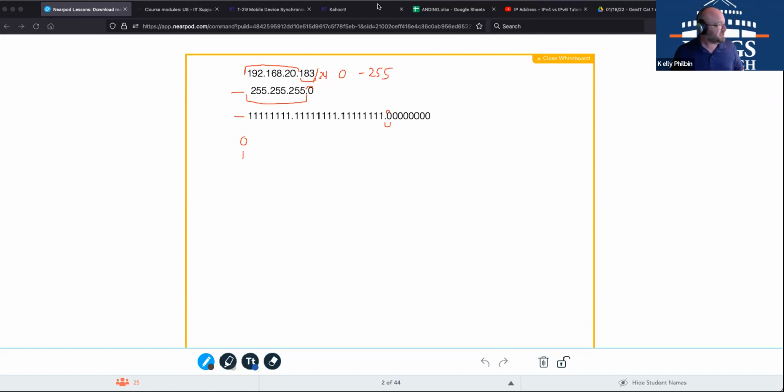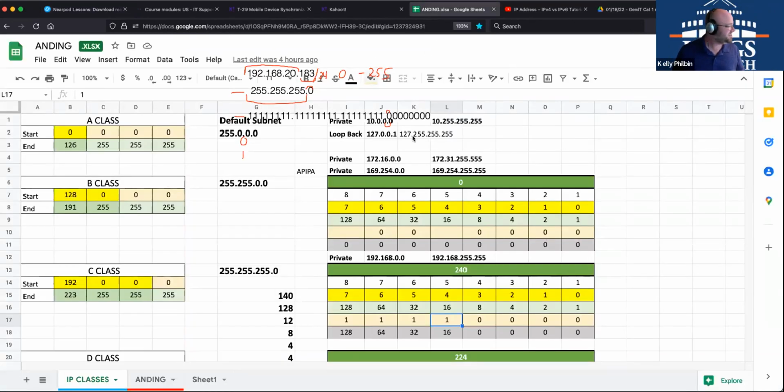We can go to our ANDing. I'm never going to get that lined up again. So we can go to our ANDing here. So I have everything off, it means 0, right?